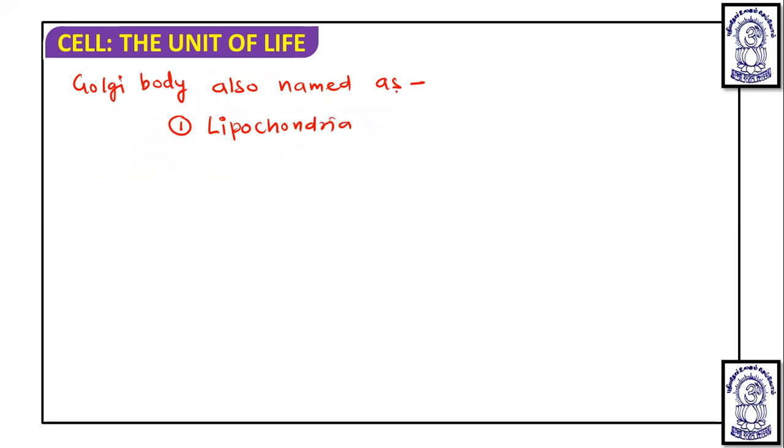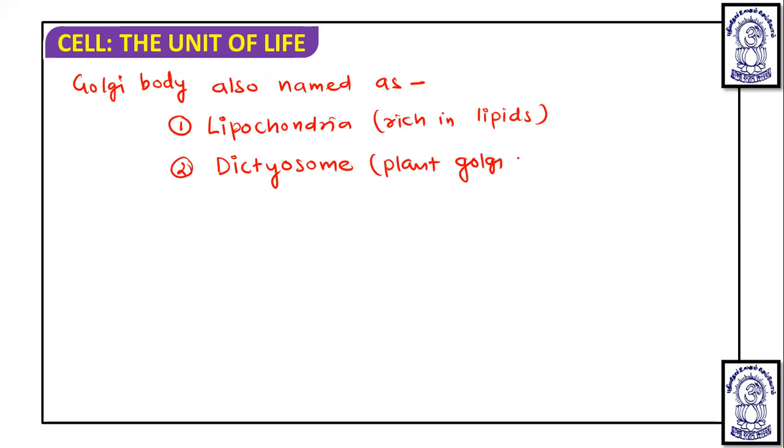Why is it known as lipochondria? Because it is rich in lipids. And the second name is dictyosome, which is a term used for the plant Golgi body. Okay, so this is the name.